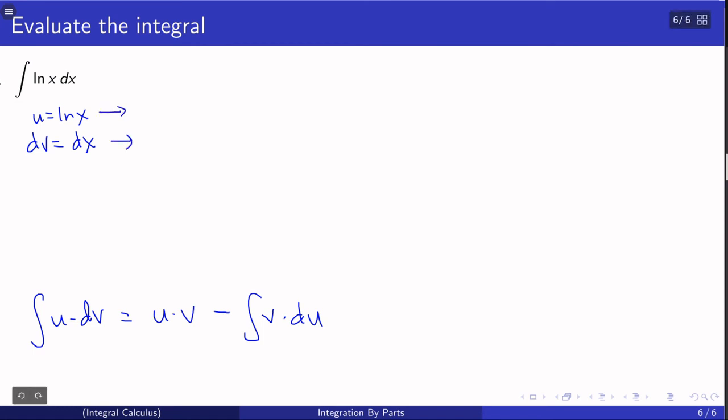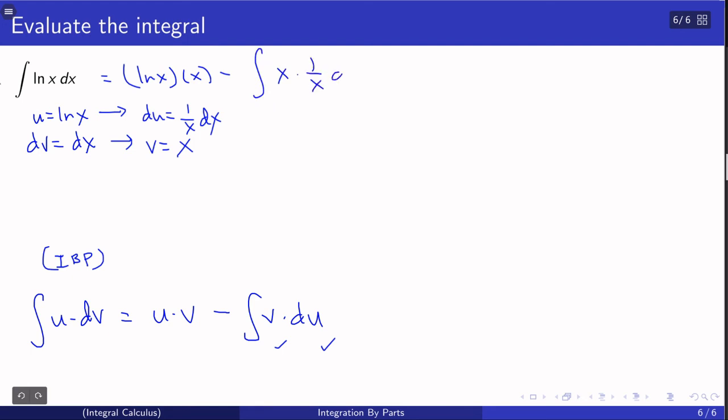We do the same thing: from u, we compute du, and we compute v from dv. So v equals x, taking the antiderivative, and du equals 1 over x dx. Using this integration by parts formula, the integral is u times v minus the integral of v times du.